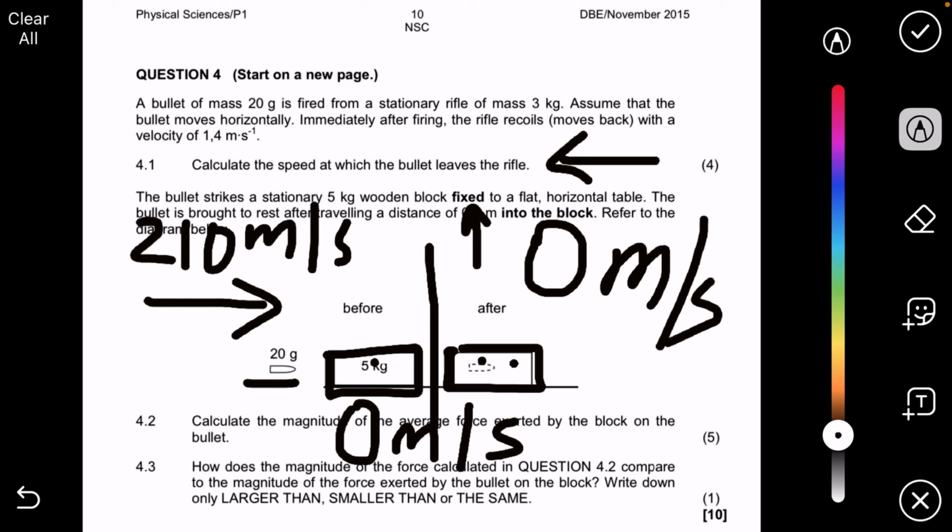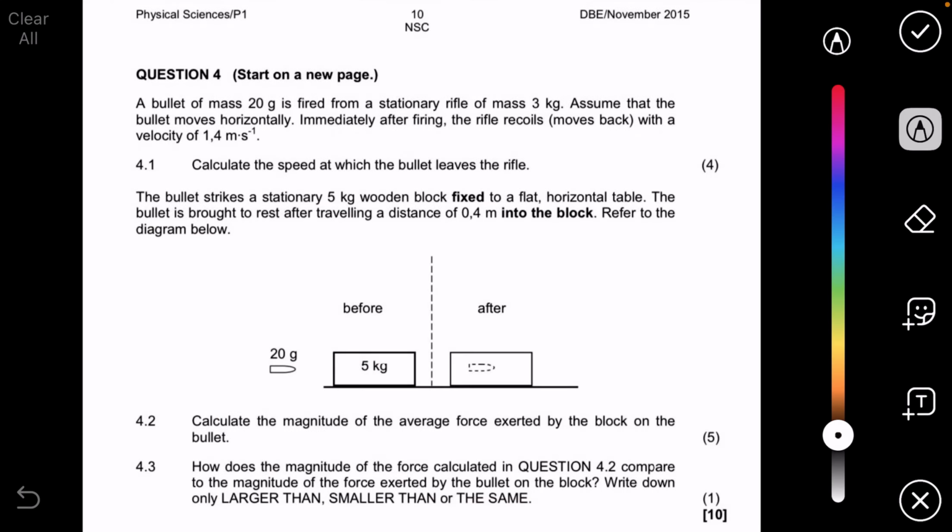Remember, that means the velocity of the bullet and also that of the block is equal to 0. Now let's move on to the next question. I assume we fully interpreted that information and you understand.